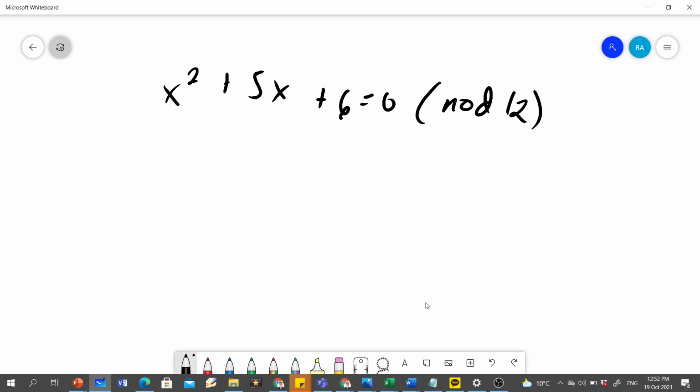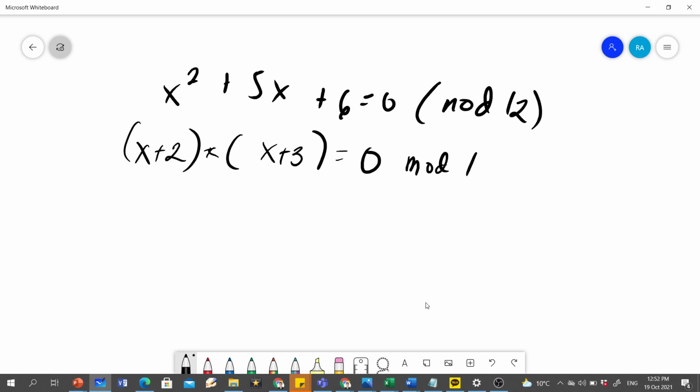If we factor the left-hand side, we get x plus 2 multiplied by x plus 3, which is congruent to 0 mod 12. So we have to think about what the value of x should be so that this 0 mod 12 is satisfied.